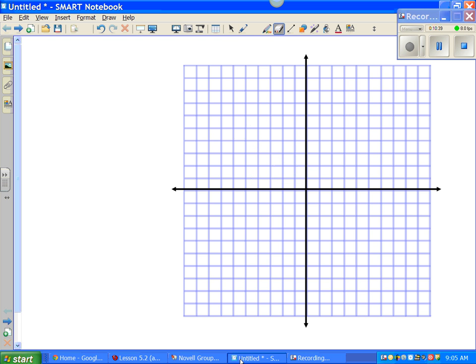So let's say I had this angle. My reference angle, again, terminal ray, closest x-axis. So here's my reference angle. Terminal ray, closest x-axis. You okay with that?